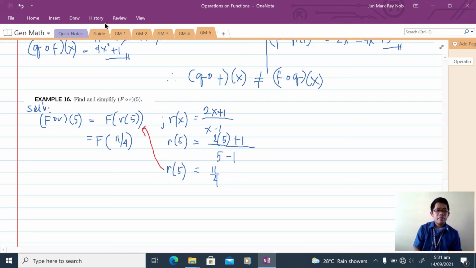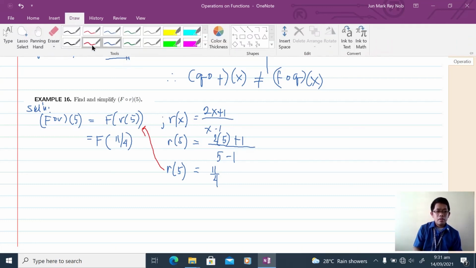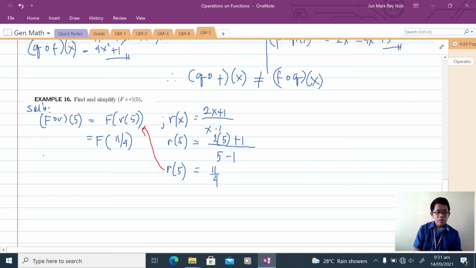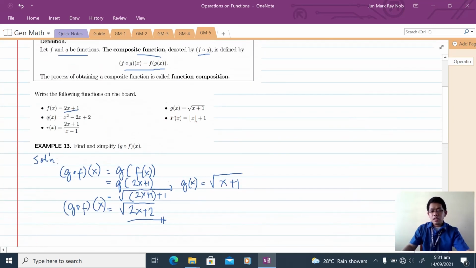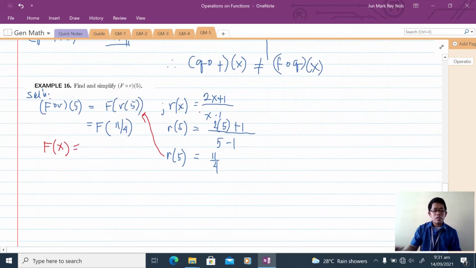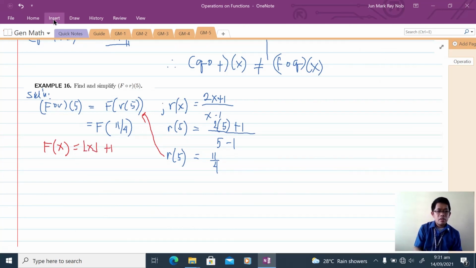Now remember, since we will be solving this one, we need to know what our f of x is. Based on the given, f of x is simply the greatest integer function of x plus 1. Right?